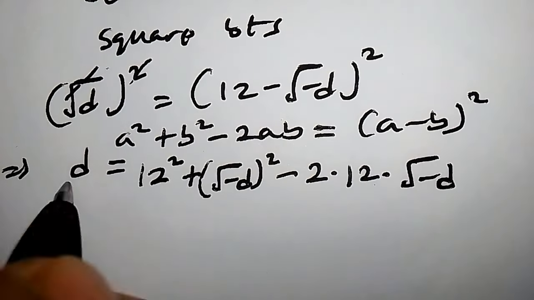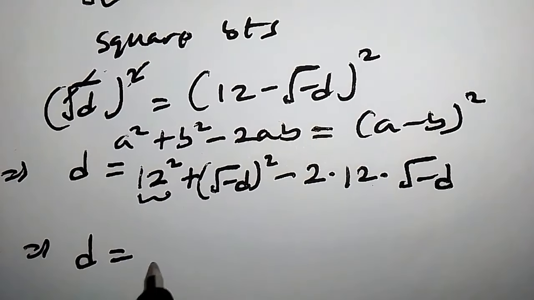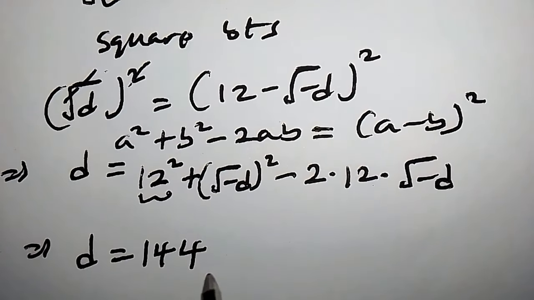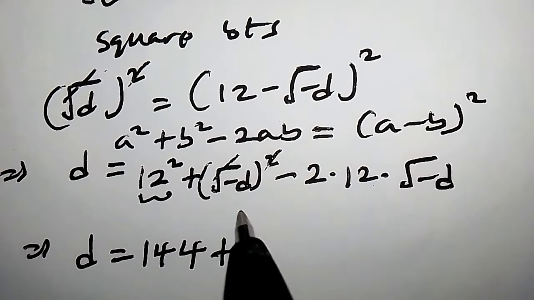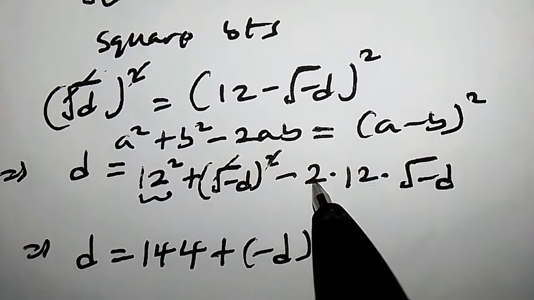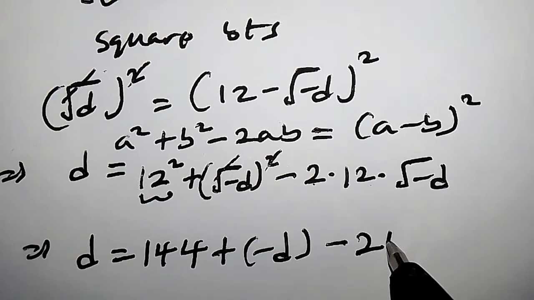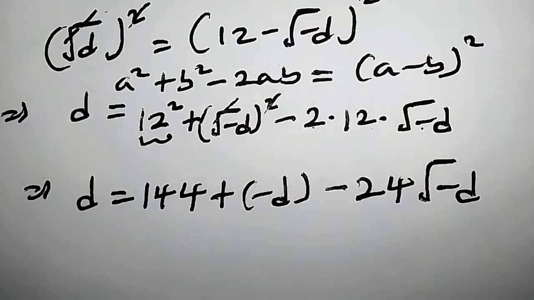Let's continue. So d is equal to, what is 12 squared? That is 144 plus this bigger square root takes care of this power. We are left with negative d minus 2 times 12, that is 24 times square root of negative d. Let's continue.